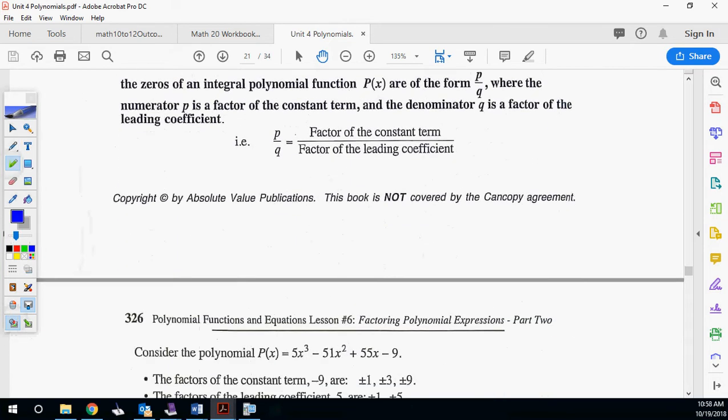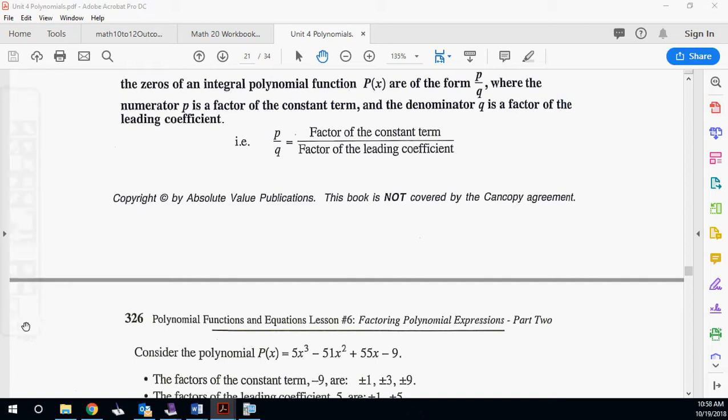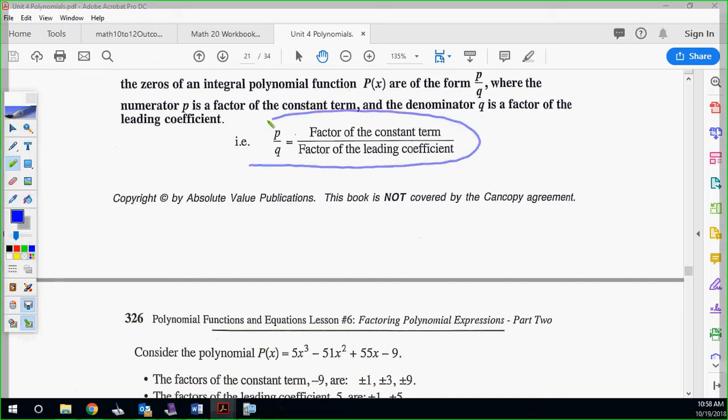Circle this. The possible zeros for your answer, if these are a little bit harder, are the factors of the constant over the factors of the leading coefficient. The leading coefficient is the number in front. That's how you figure out your possible ones. Does that make sense?